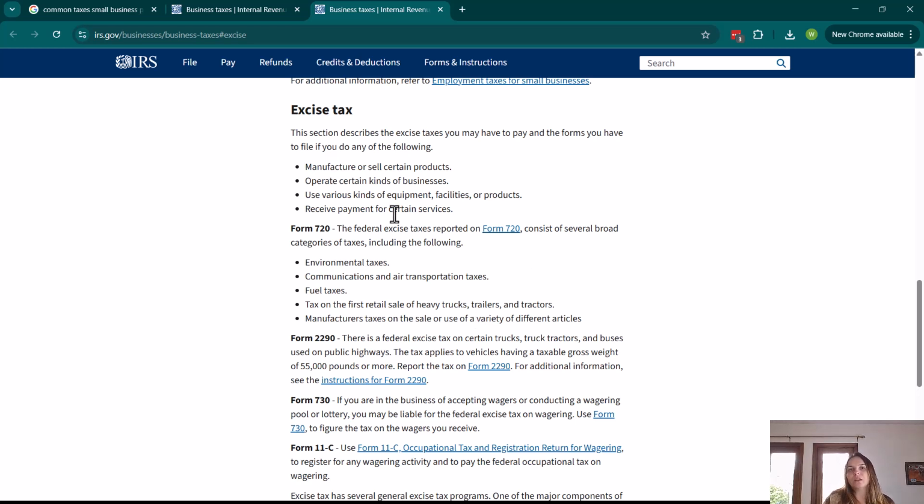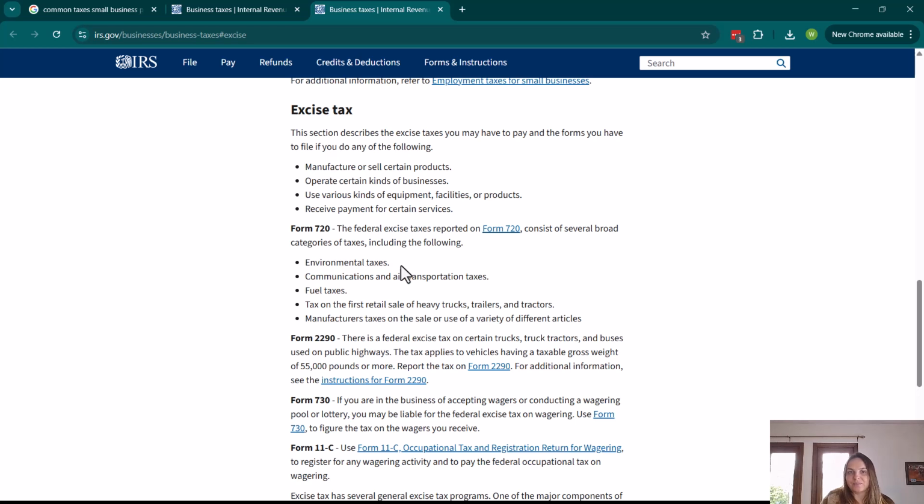So, you know, this section right here, this is on the IRS website. This section describes the excise taxes you may have to pay and the forms you have to file if you do any of the following. Manufacture or sell certain products, operate certain kinds of businesses, use various kinds of equipment, facilities, or products, receive payment for certain services. So here's kind of the excise taxes we're talking about.